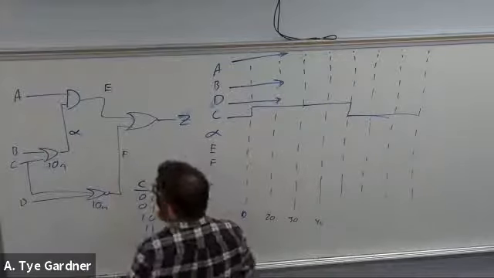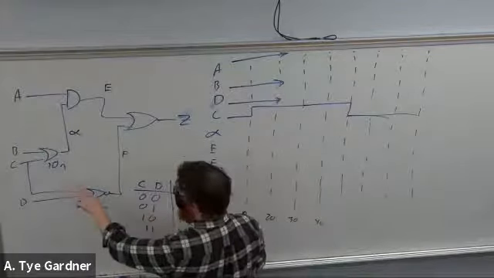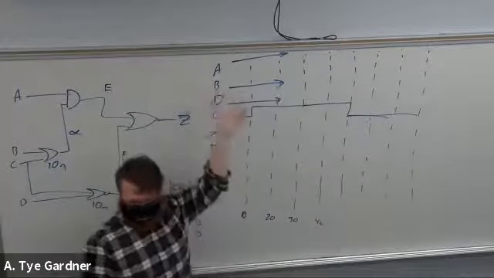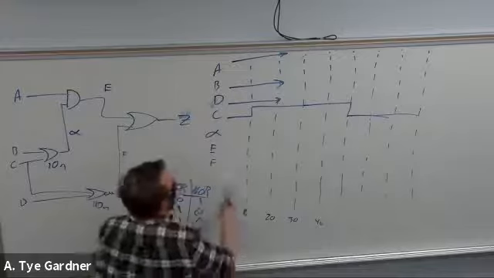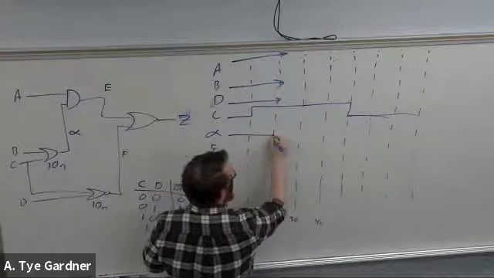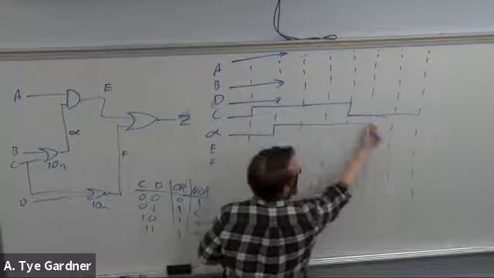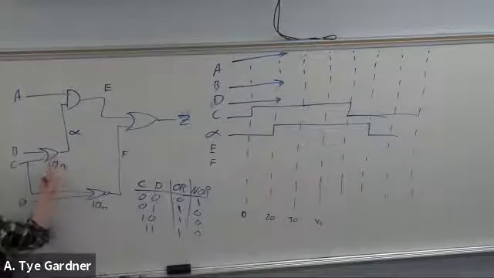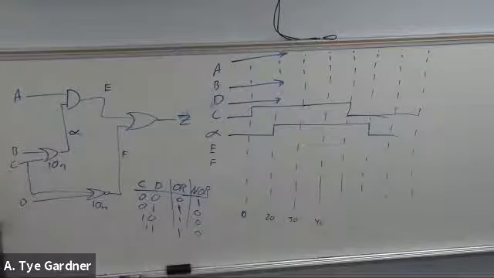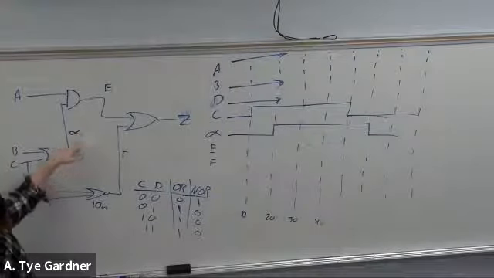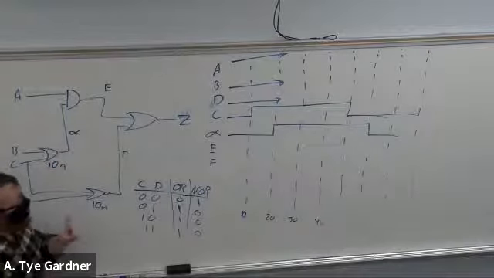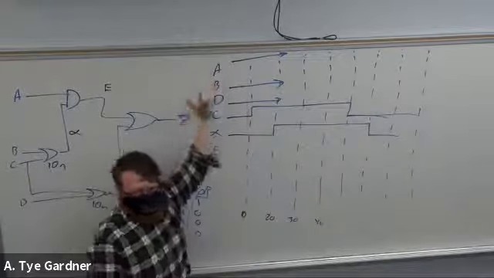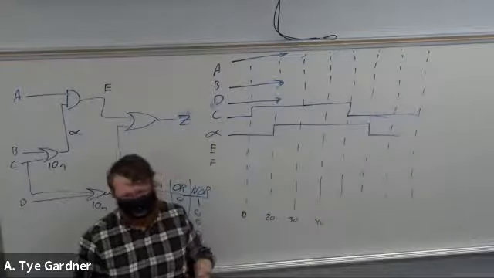Okay, so if this is alpha, I need B or C. Well, B is 0, so it's just C, right? It just mirrors C with 10 nanoseconds of delay. Right, because there's a gate, so there's a delay. Okay, now I can look at E much easier because it's alpha and A.